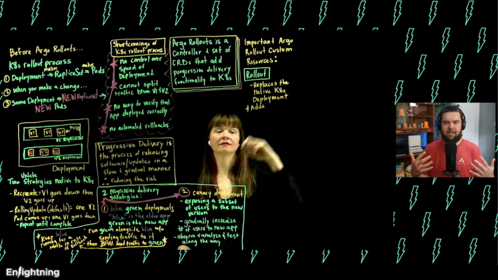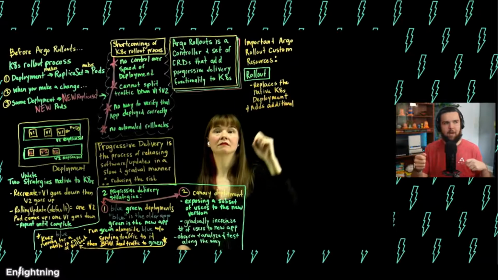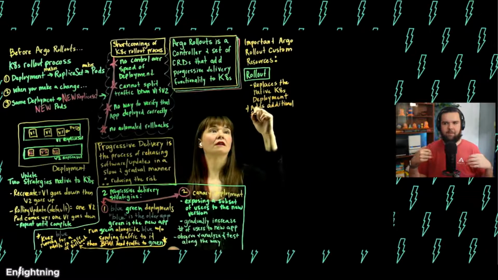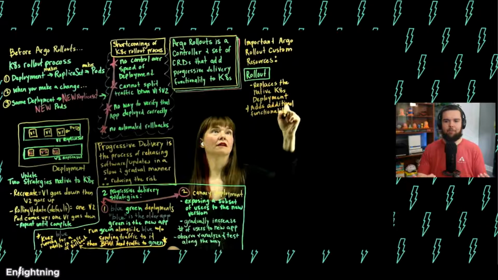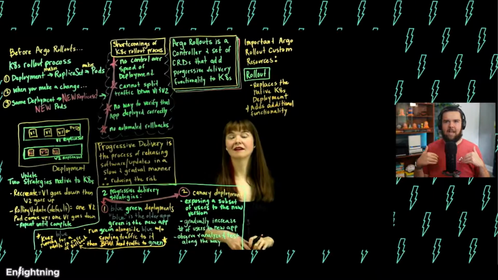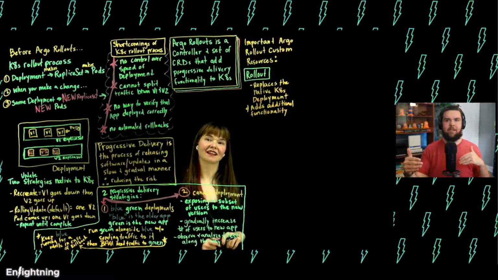You can either swap it directly and it'll take ownership of the pods, or you can create an Argo rollout resource and have it reference an existing deployment. And then as you go to do your next rollout, your next change, it'll actually scale down the old deployment and bring up the new pods using whatever delivery configuration you put on it. So you can do a canary deployment from your existing deployment resource to the new rollout resource.